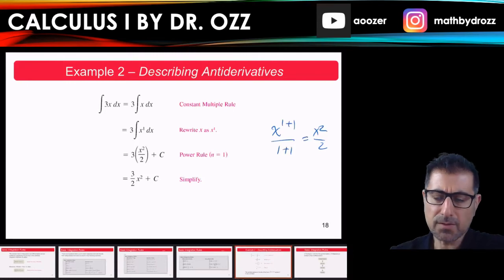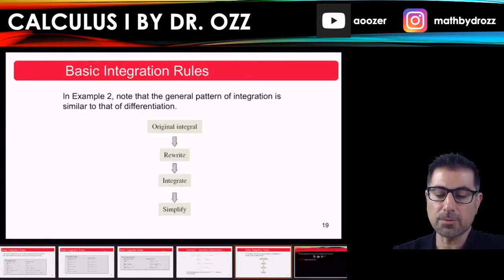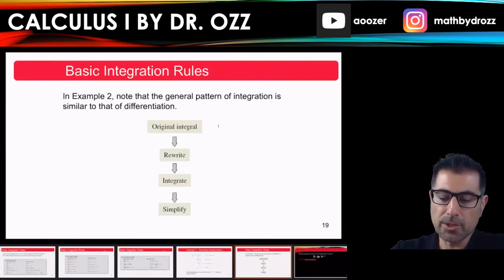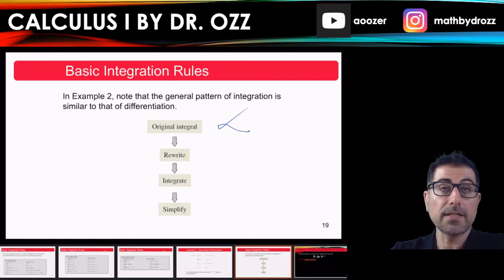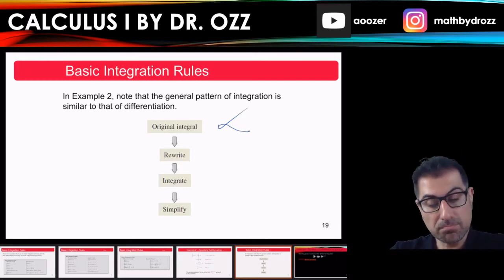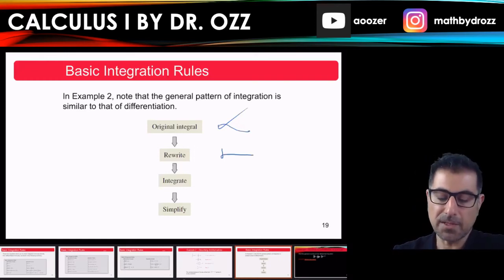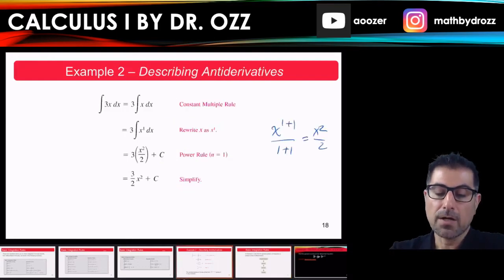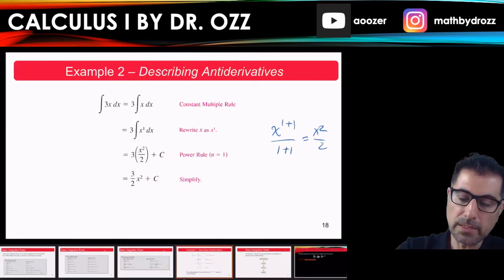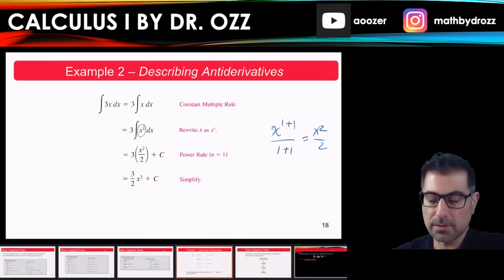All right? So this sort of process is pretty common, as we had even in the differentiation process. You write down the original integral, which is already provided to you. And then you rewrite it. In this case, we rewrote it because we used the constant multiple rule and we put 1 as the exponent. So this is the rewrite part.